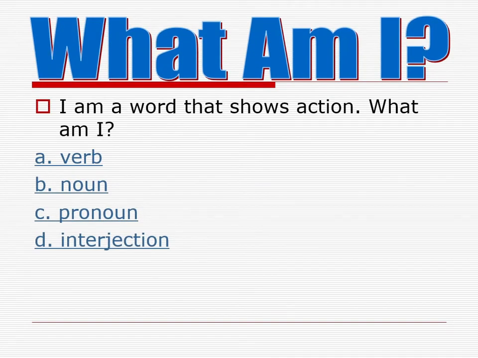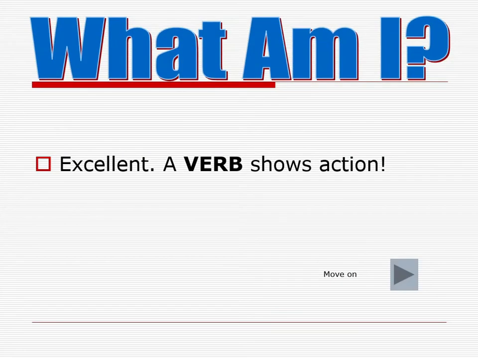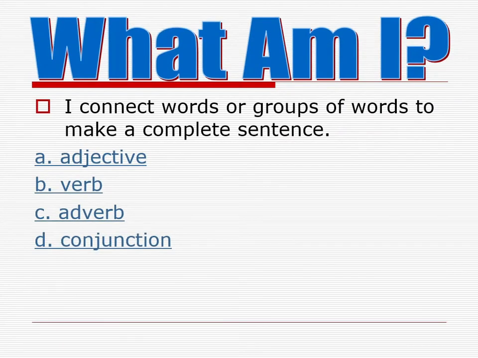So the next, what am I? I am a word that shows an action. A verb shows an action. Excellent. Next, what am I? I connect words or groups of words to make a complete sentence.